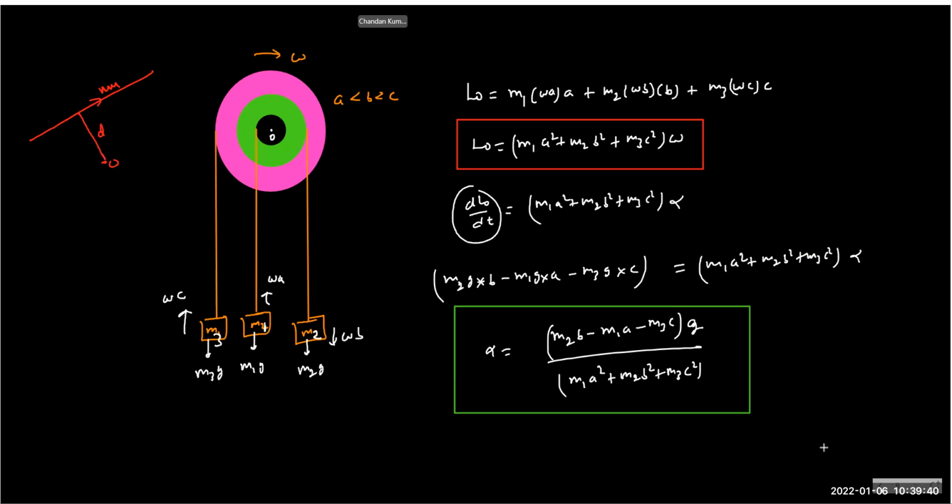So you can spend some time to realize what is happening. Are you able to realize what is happening here? Yes, sir. Okay. Can you solve the Atwood machine question? Oh, we made a mistake here.